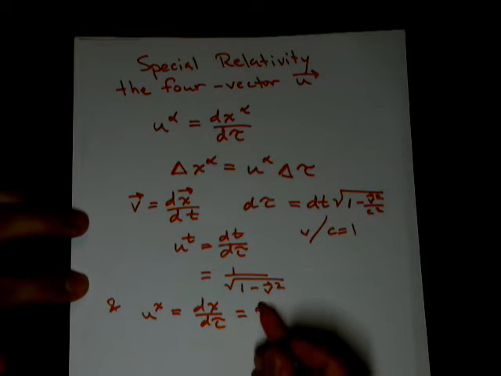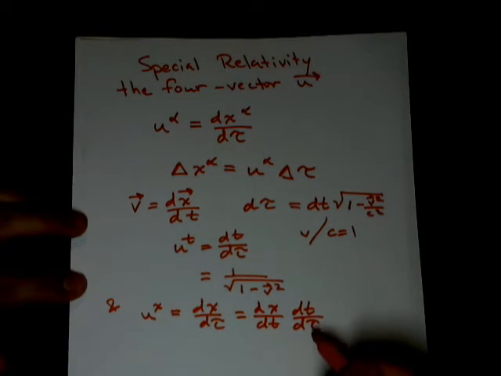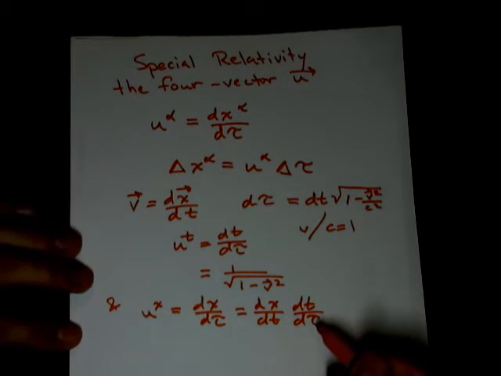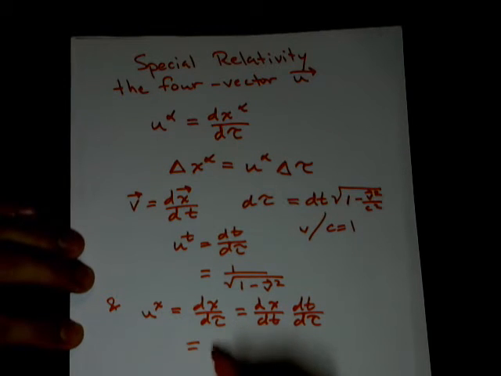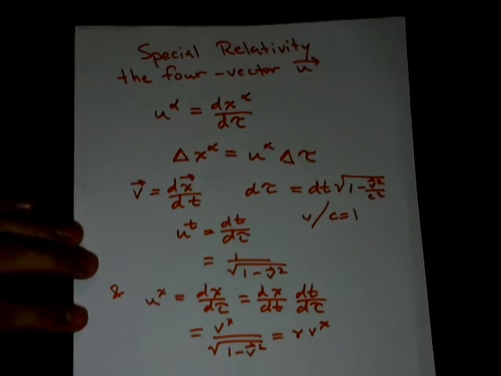So using the chain rule, we get dx dt times dt d tau, which is gamma, or Lorentz factor. So we get v super x divided by the square root of 1 minus v squared, which is gamma times the x component of velocity.